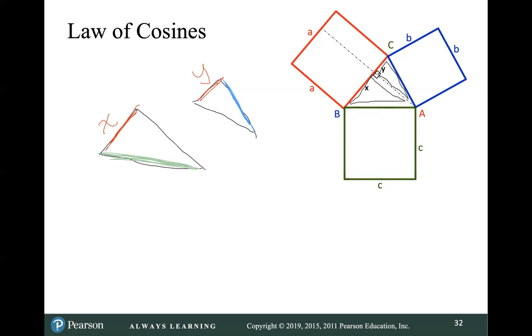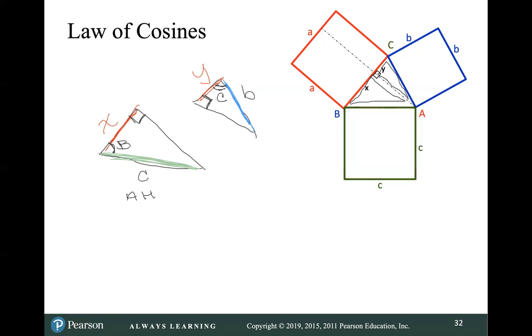And because this was built by an altitude, we also know that these are right angles. The angle here between the red and green is angle B. And the angle here between red and blue is angle C. So we know this is side length C and side length B. Let's try solving for X first. If I'm looking at this triangle, I have angle B, I have the hypotenuse, and I have the side length adjacent to B. So I have the adjacent and the hypotenuse.